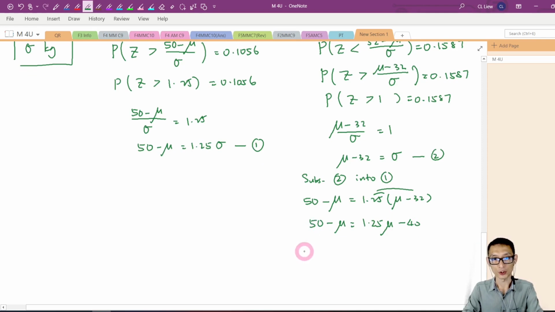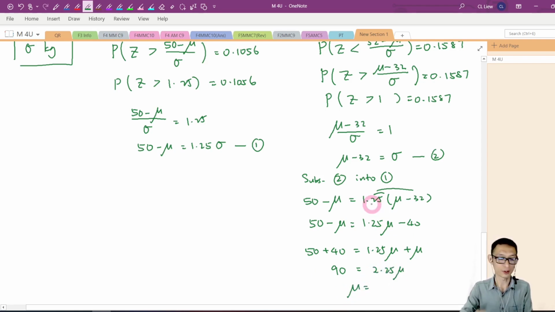The 40 I bring over here, 50 plus 40, and 1.25 times mean, bring it to the other side, becomes plus. So this is 90, and 1.25 plus 1 gives you 2.25. So the mean is equal to 90 divided by 2.25, which is equal to 40.